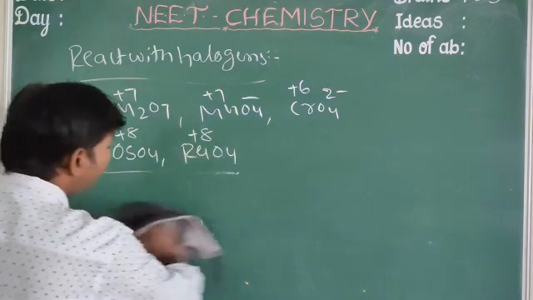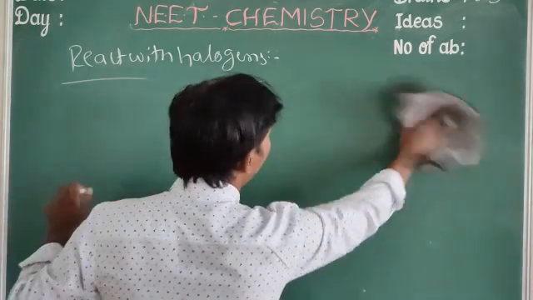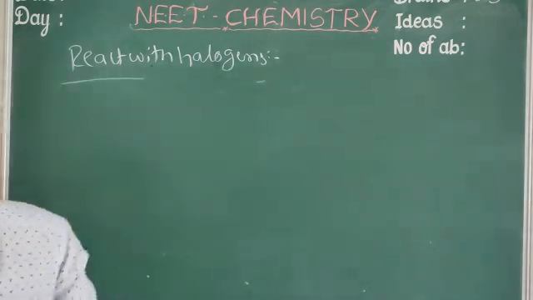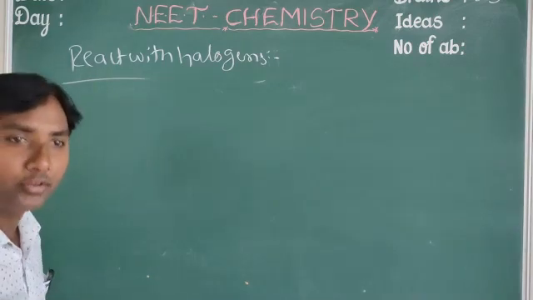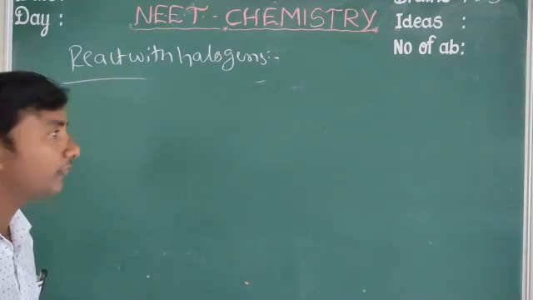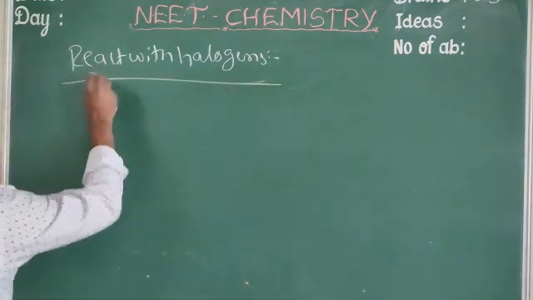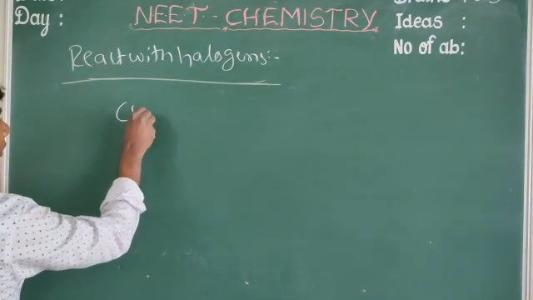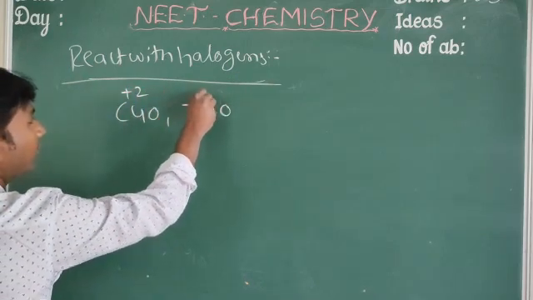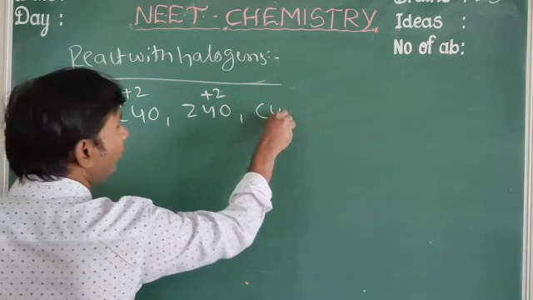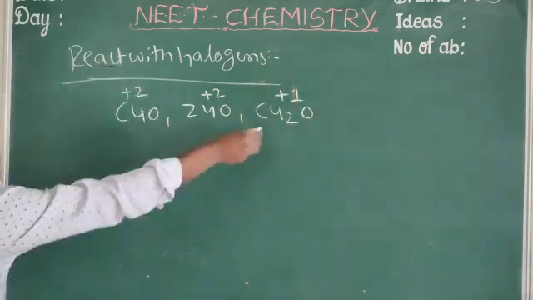Then oxygen can form lower oxidation state compounds also with the transition elements. For example, CuO +2, ZnO +2, Cu2O +1.